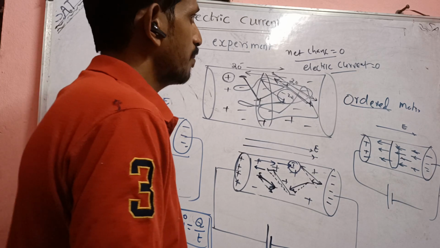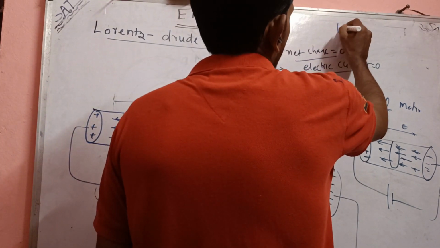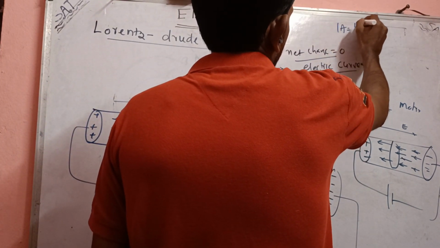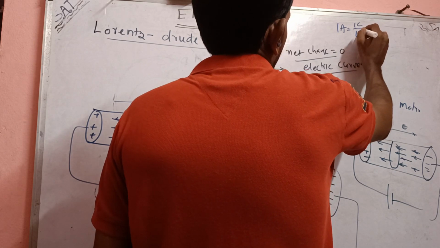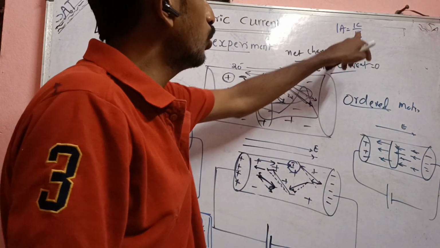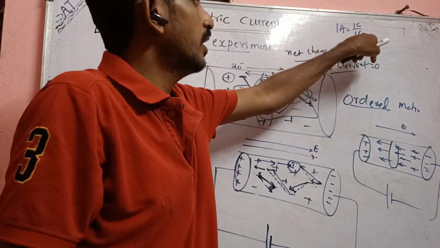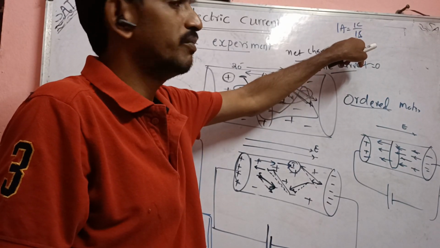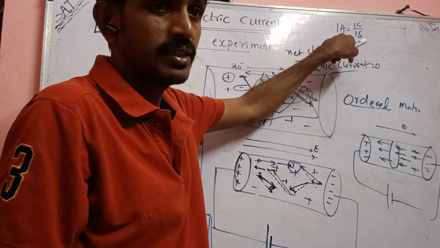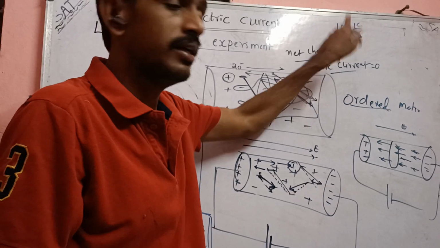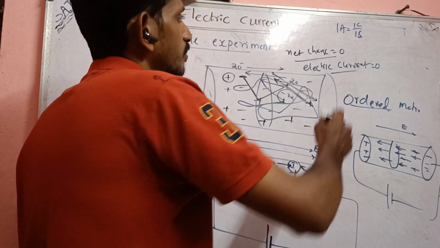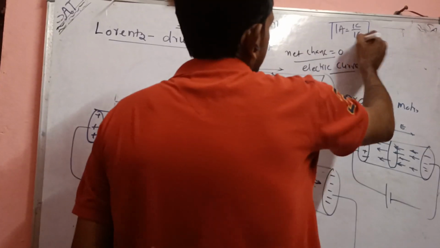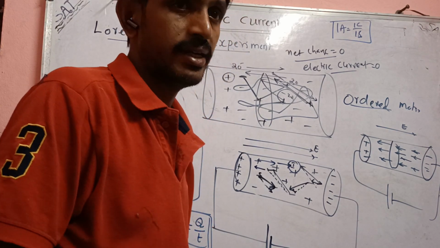So can you define 1 ampere current? If 1 coulomb of charge is passing in 1 second, we can say that 1 ampere current is passing through that conductor. This is one of the important questions for the 10th examination: define 1 ampere current.